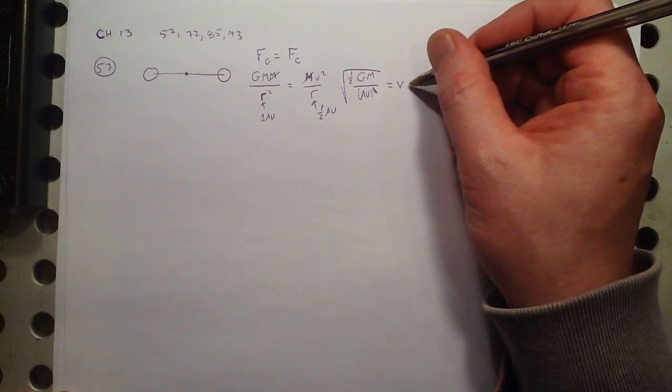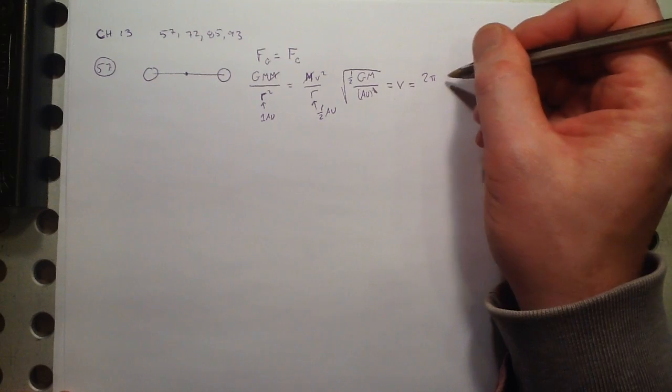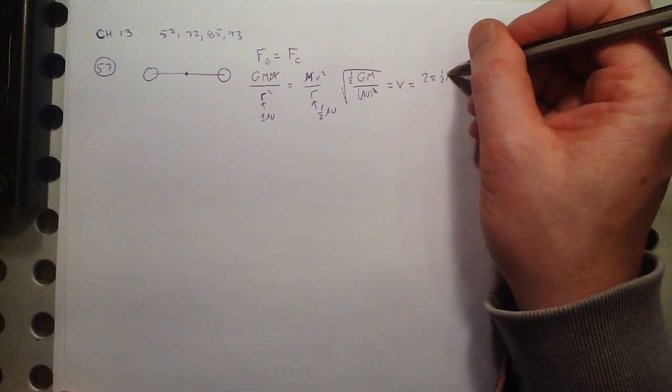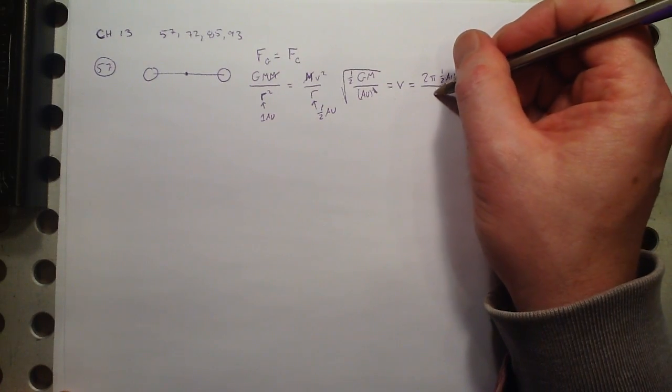And we also know that the velocity of anything moving in a circle is 2 pi times the radius of the circle it's moving in, which is 1/2 an astronomical unit, over the period.